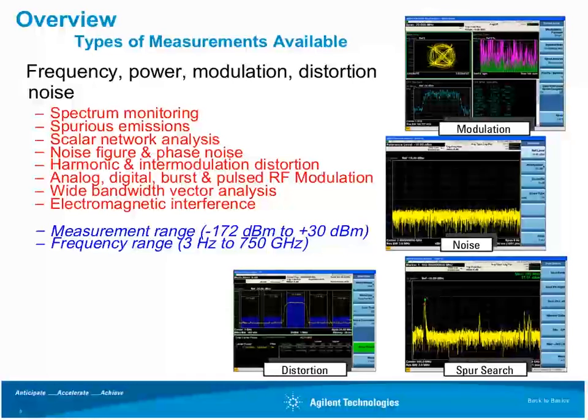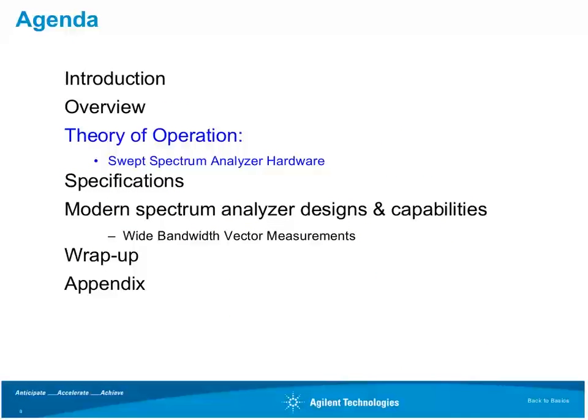In recent years, we've seen a big increase in wideband signals and performed vector analysis on that. And of course, another very popular application is EMI, electromagnetic interference or compatibility testing. These measurements can take place over a huge amplitude range, anywhere from practically down to KTB noise up to, say, plus 30 dBm, over a very wide frequency range, from very, very low frequencies up into the sub-millimeter range.